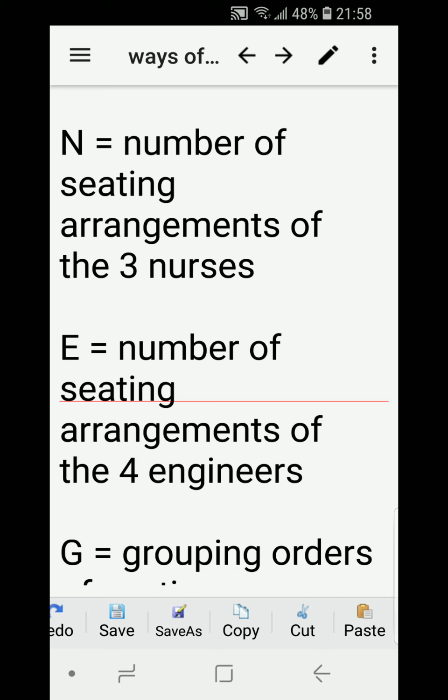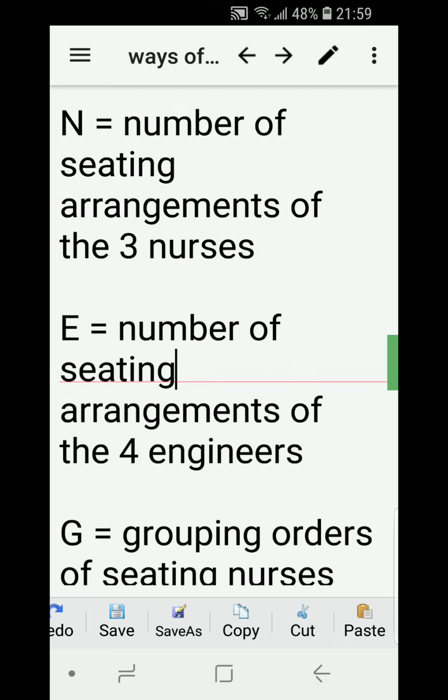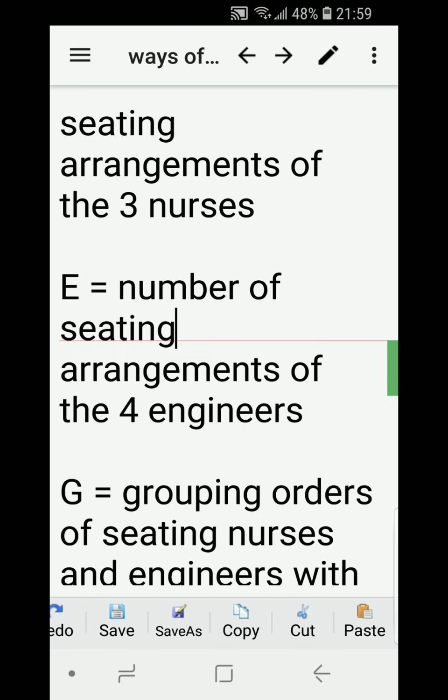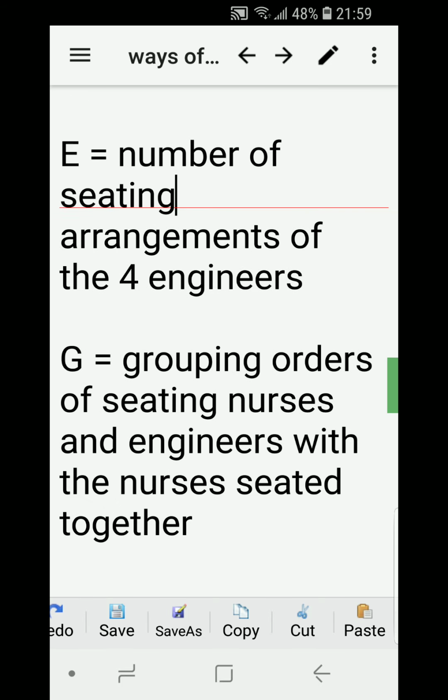They're still nurses, but as long as they're seated together, they have choices for seats. And so the same for engineers. So that'll be taken into consideration.